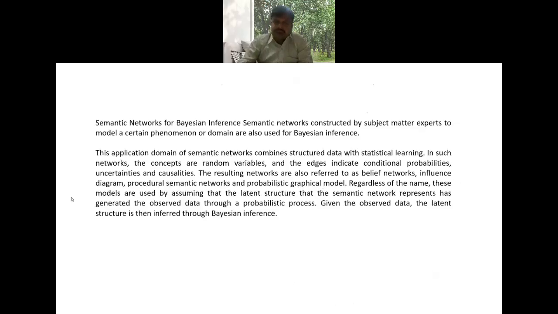Regardless of the name, these models are used by assuming that the latent structure that the semantic network represents has generated the observed data through a probabilistic process. Given the observed data, the latent structure is then inferred through Bayesian inference.